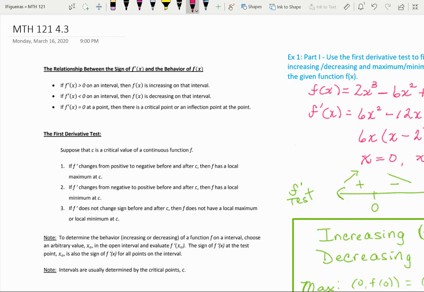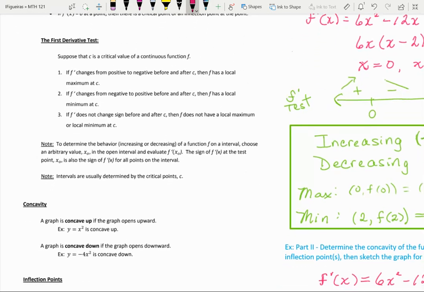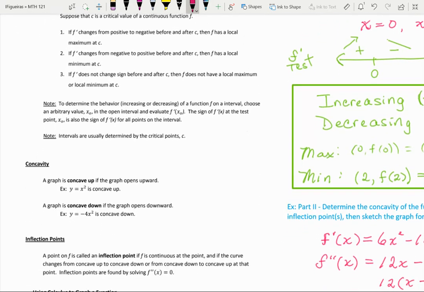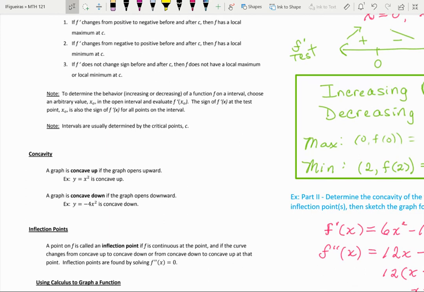Before we go on to the example, let's talk about the second derivative and concavity. When something is concave up, it has a shape like a traditional parabola, or it could be more subtle like this. That's still considered concave up. A function is considered concave down if it looks like an upside down parabola, or again, it could be more subtle, something like this.